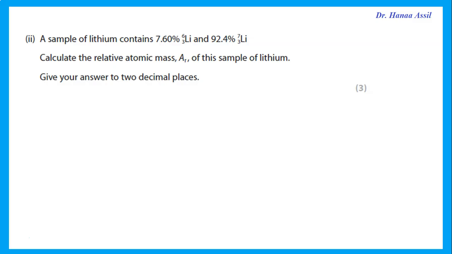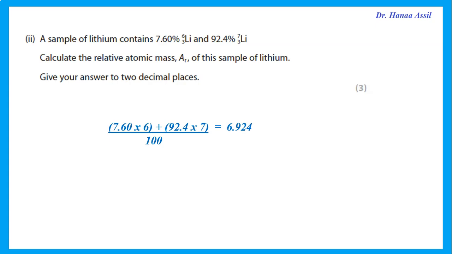A sample of lithium contains this percentage and this percentage of the other one. Calculate the relative atomic mass of this sample of lithium. Remember, if we are given the percentages of each isotope, how do we get the relative atomic mass? Well, the abundance of one times the mass number, so the mass number is the big one, not the small one, plus the percentage of the other one times the mass number, over 100.